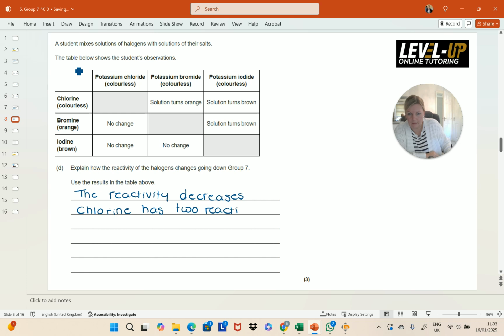Okay, so we're identifying, we can see that chlorine's got two reactions, bromine has one reaction. And we can say that iodine has no reactions.